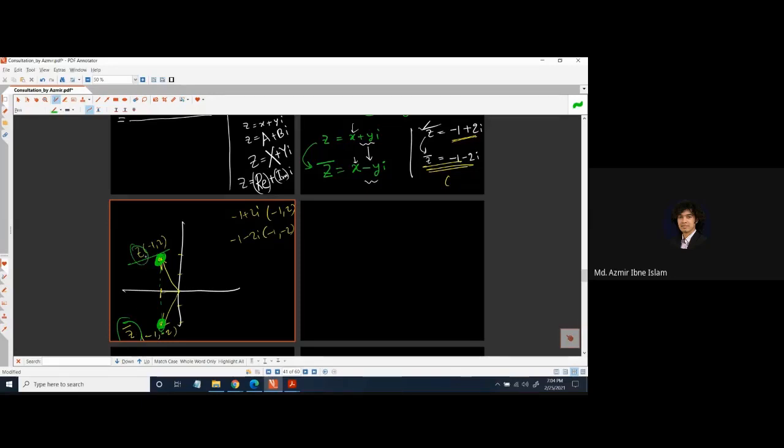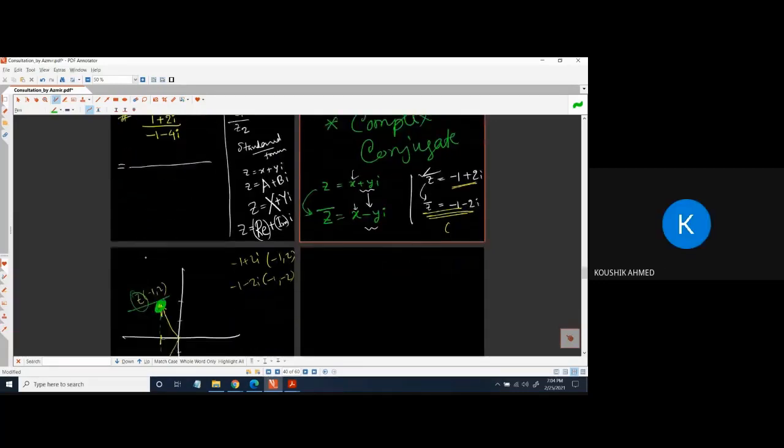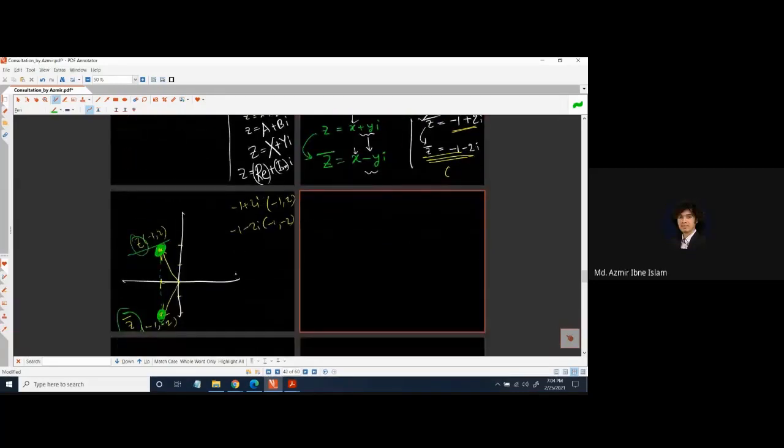This is the geometry: reflection on the x-axis, or you can say mirror, or we can say symmetric. We have so many terms for this about the x-axis.